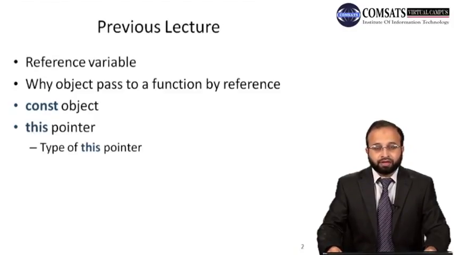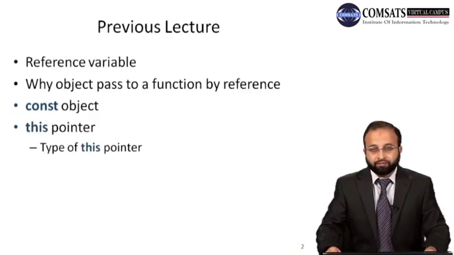For example, if the object is an employee class object, the type of the this pointer will be employee * const. That means this is a constant pointer that is pointing to an employee object. And if the object of the time class is created, then the type of the this pointer would be time * const. So the pointer is constant pointing to a time object.